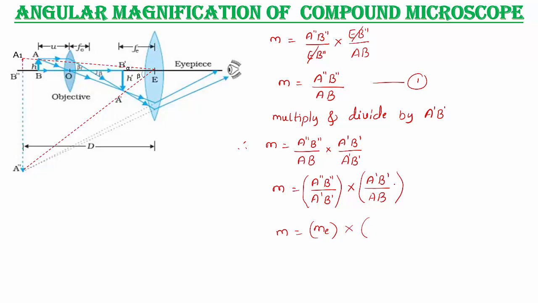Similarly, observe A dash B dash divided by AB. A dash B dash is the image, AB is the object for the objective lens. Image with respect to object gives the magnifying power of the objective lens. Let us write it as MO. So M equal to, see here, the magnifying power of a compound microscope is given by the magnifying power of the eyepiece into the magnifying power of the objective lens. Let us take it as equation number 2.